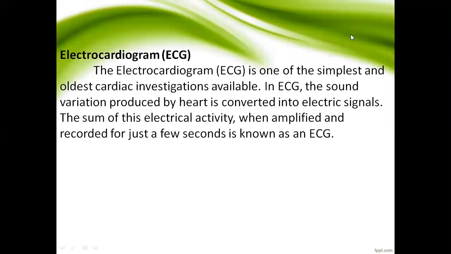So electrocardiogram is the method used to detect the transmission of the impulse through the heart. This technique helps us to detect any heart-related disorder. Electrocardiogram refers to a graph that records the electrical activity of the myocardium during a cardiac cycle.